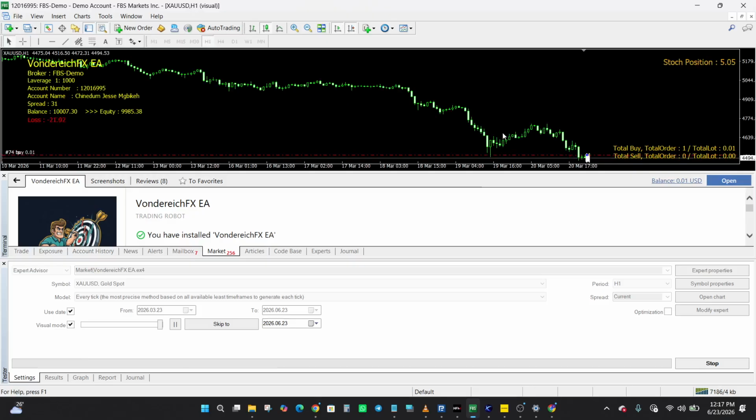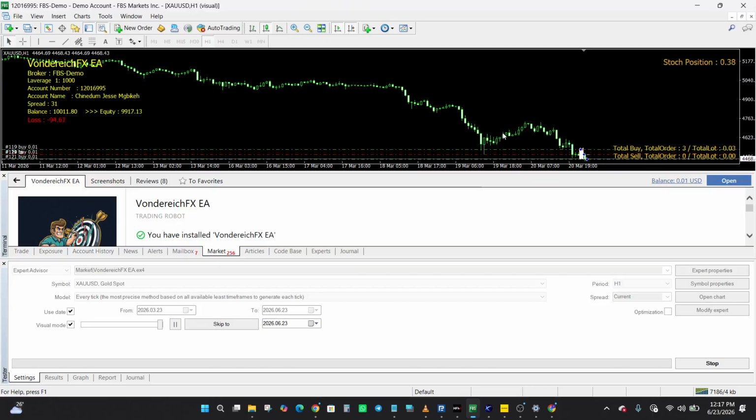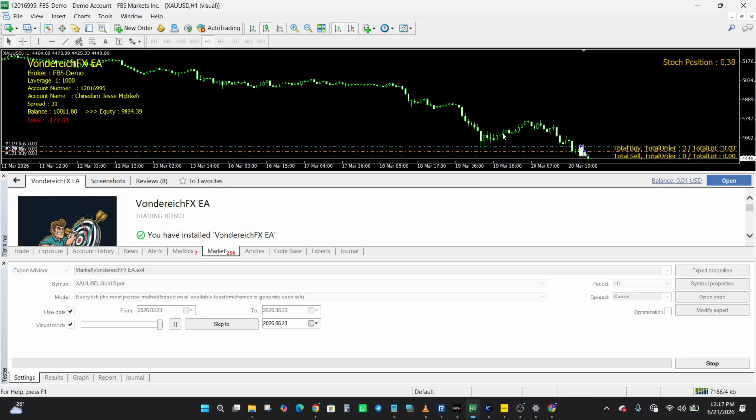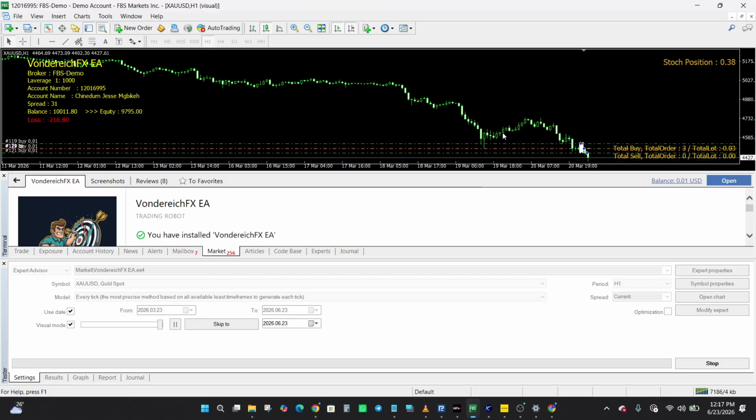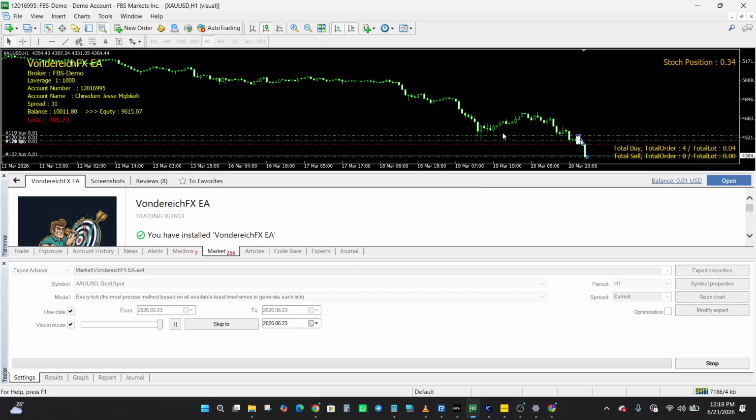Looking at the historical chart activity, we can observe the EA's behavior within the context of the strategy described by the developer. Since the system uses RSI-based entries alongside a Martingale approach, the trade management and position progression shown in the backtest become important areas to evaluate when reviewing the completed results.